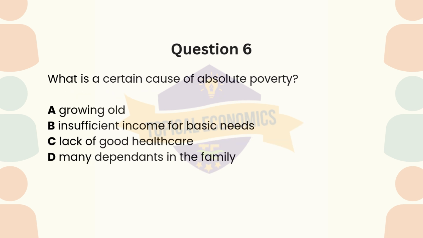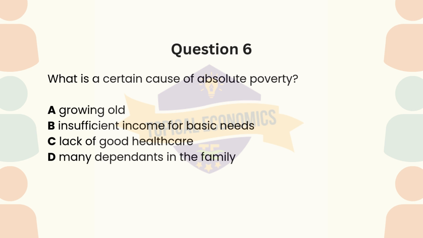Coming to question number 6, this is from October-November paper 2021, version 1. What is a certain cause of absolute poverty? And the options are given. Option A is growing old. Now, aging itself does not cause poverty. It may contribute to poverty if income sources diminish, but it is not a direct cause. So this is incorrect.